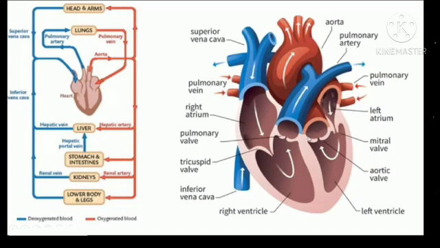When the left ventricle pushes the oxygenated blood, it passes towards the aortic valve. From the aortic valve, it enters into the aorta. From the aorta, the oxygenated blood will be passed towards all parts of the body like head, arms, liver, stomach, intestine, kidney, lower body, etc.